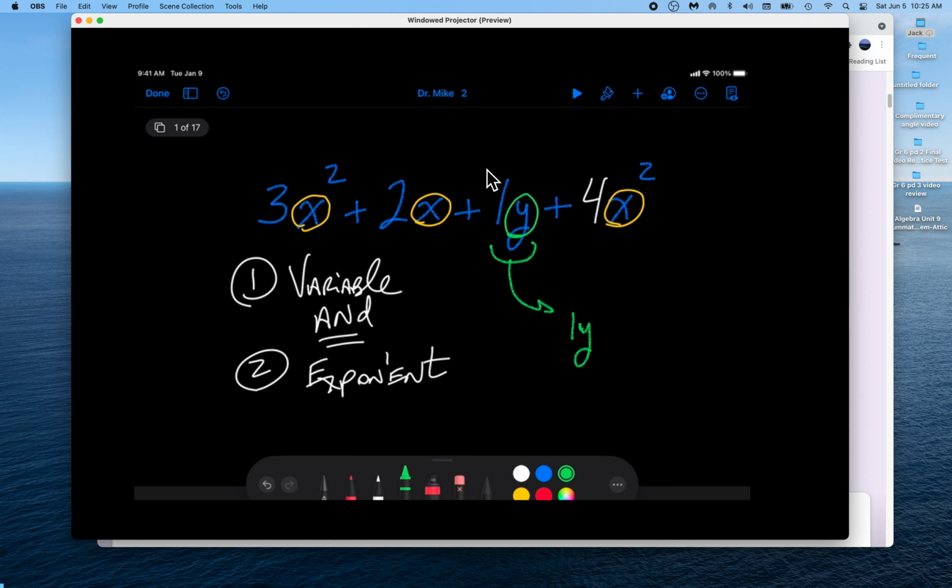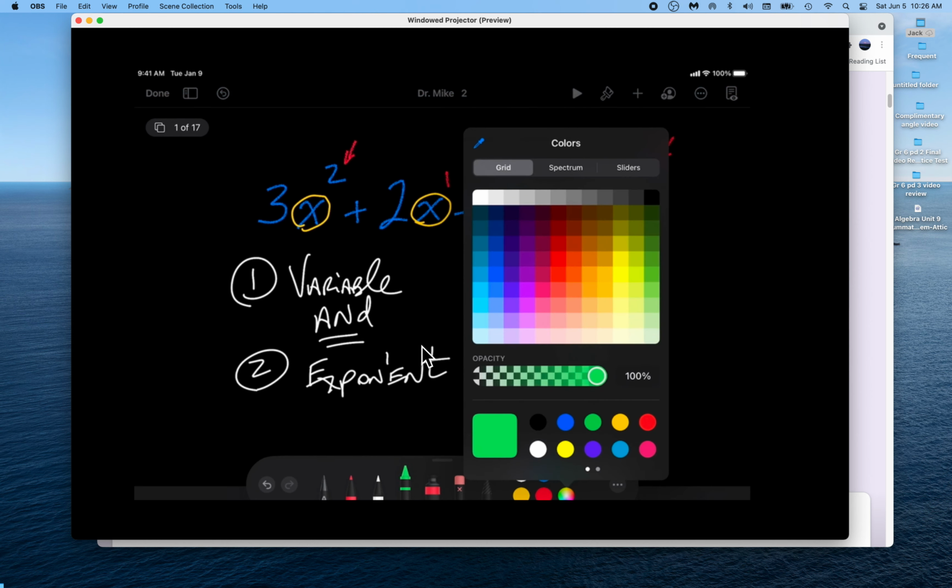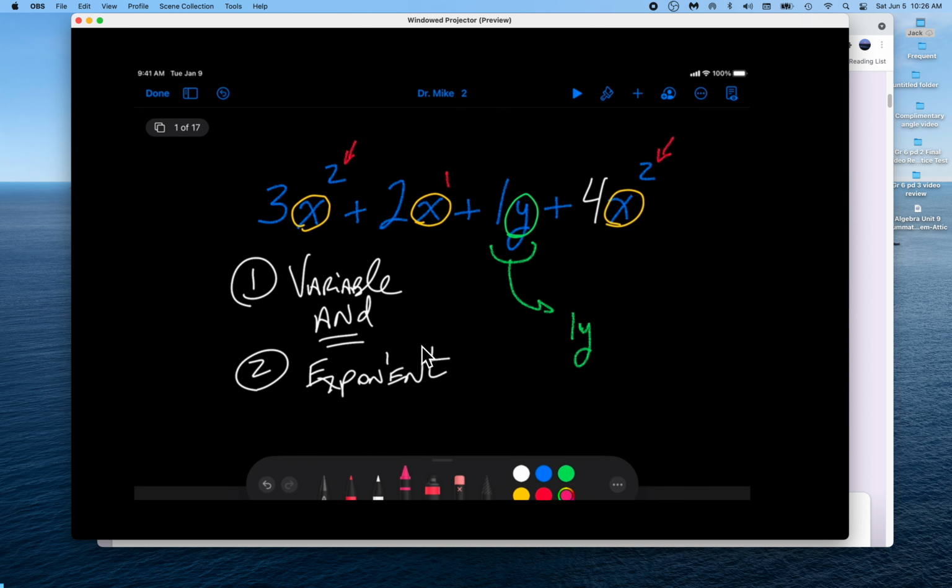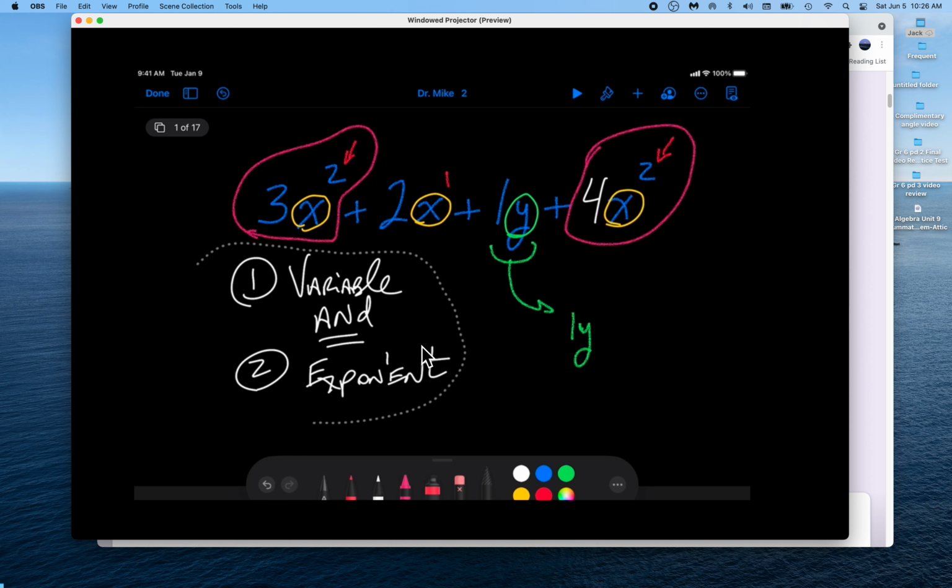Now, let's look at these other three candidates to see if they are like terms. Okay, we have an x squared, x to the first, and an x squared. So we do have like terms. These are our like terms right here. Now, what is the significance of like terms?